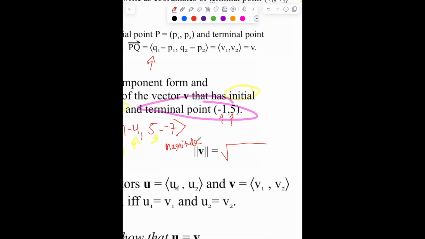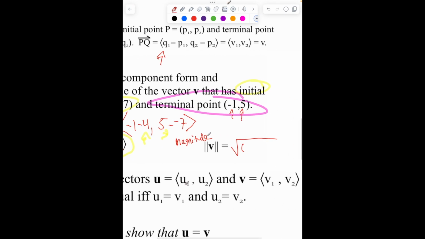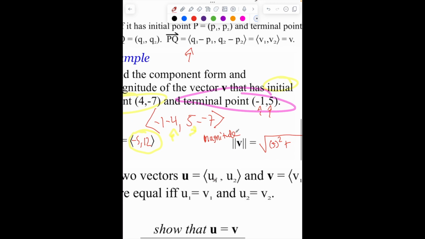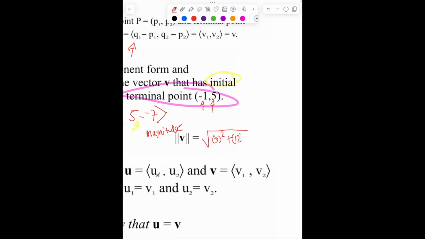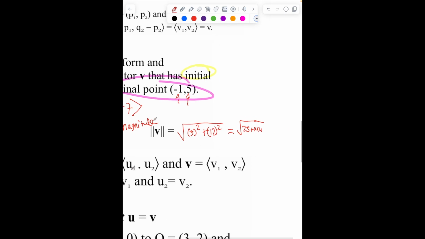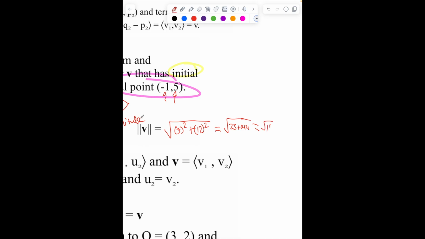I had a -5 in my component form, square that. I had a 12 in my component form, I'm going to square that. And then when I simplify, that gives me 25 plus 144, which equals a nice number, and we are able to get a nice whole answer. We always like when that happens. So it has a magnitude of 13.